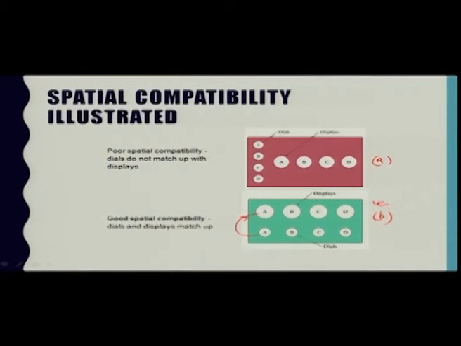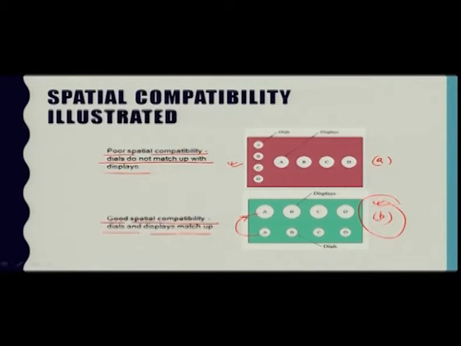You can visualize these two figures, and you will find that the arrangement in B is more intuitive, or we can say it has good spatial compatibility compared to figure A. Figure A has poor spatial compatibility, because the dials do not match up with the displays, while in figure B, dials and displays match up.